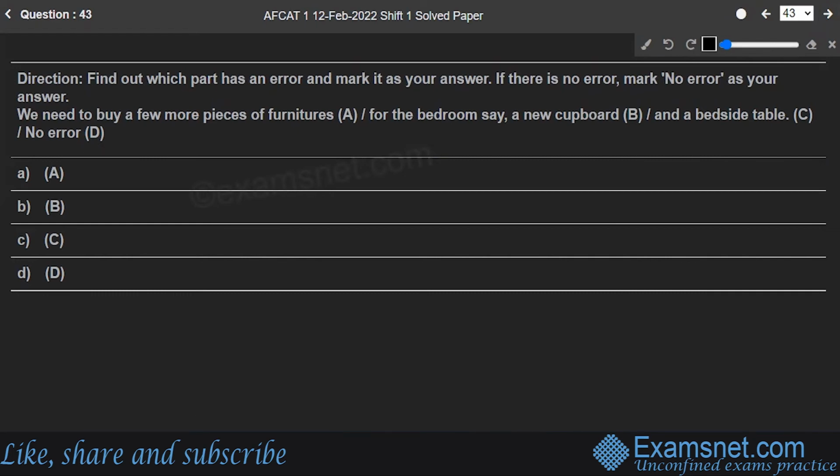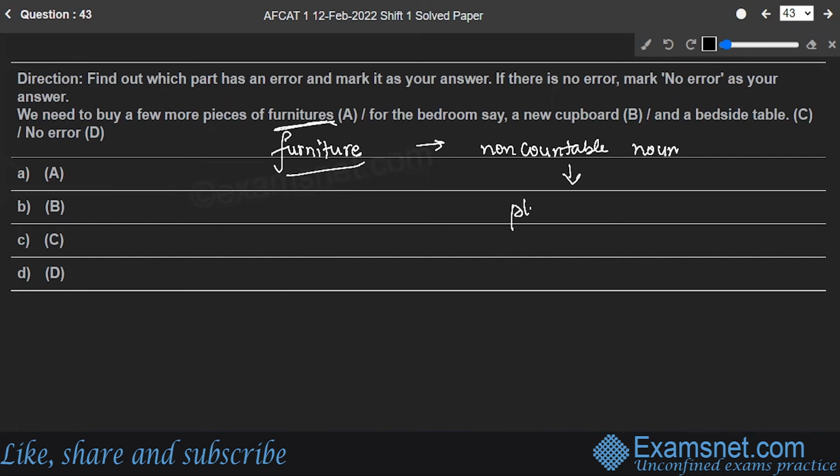We need to buy a few more pieces of furniture for the bedroom, say a new cupboard and a bedside. Over here, it seems like part A has an error in it. Furniture is a non-countable noun and it does not have a plural form. It has to be furniture only, because furniture is a non-countable noun.